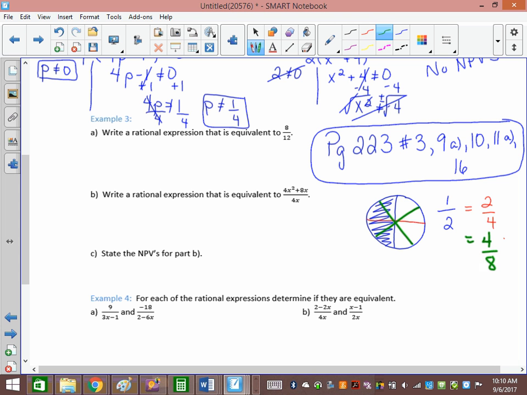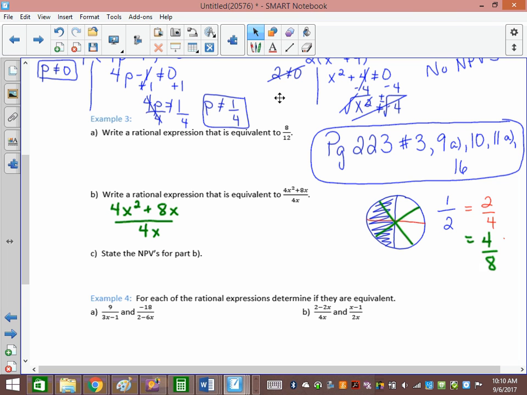So we're going to do one where we divide it out. So what could I take out of all of those terms? What's the same in all of those, top and bottom? 4x. So I have 4x squared plus 8x over 4x. And Carson said I can take a 4x out of them. So as long as I can do it to the top and to the bottom, it's equivalent.